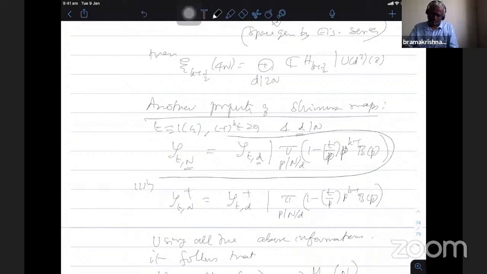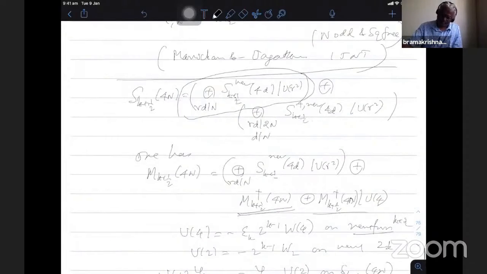Using this property, when I take the new forms of level D, if I apply the Shimura map, then use this identity because of the new forms coming from the lower level, this belongs to the kernel of this function. Therefore, they also belong to the kernel of S_{t,N}.